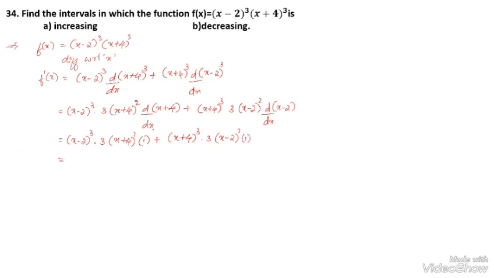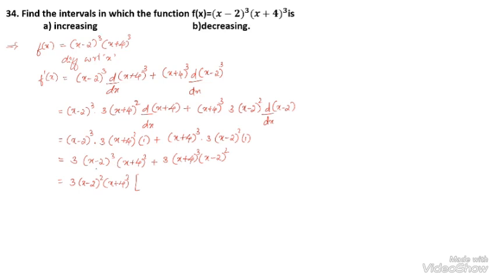Now simply I can write 3 into x minus 2 cube x plus 4 square plus 3 into x plus 4 whole cube x minus 2 square. Taking some common values here, I can take 3 common on both sides. Here also x minus 2, here also x minus 2. That is, I can take x minus 2 square as common and x plus 4 square as common.